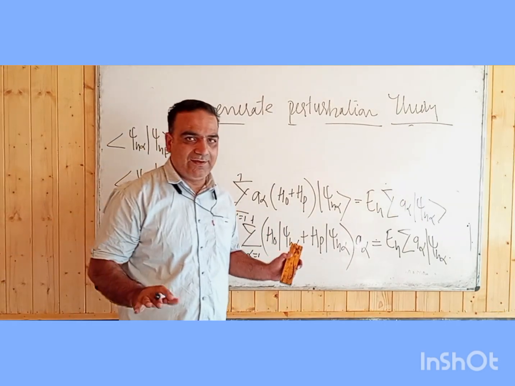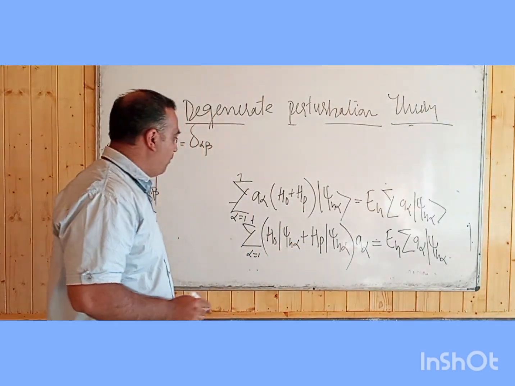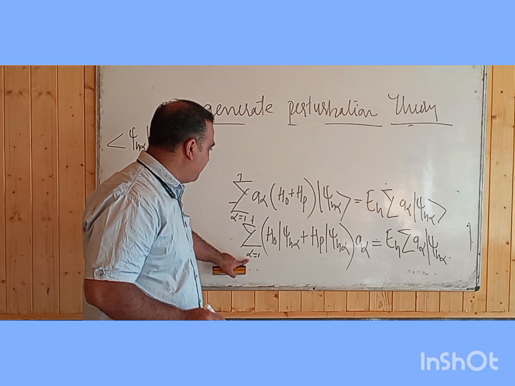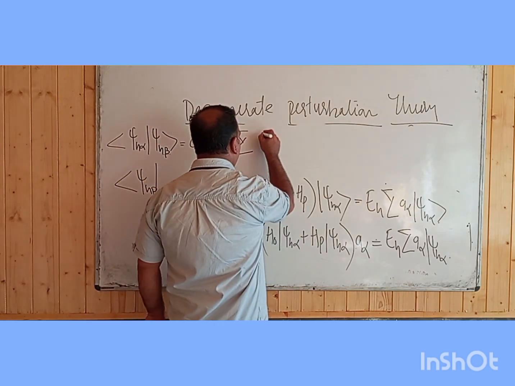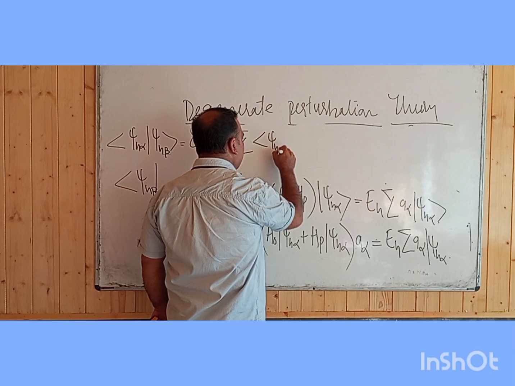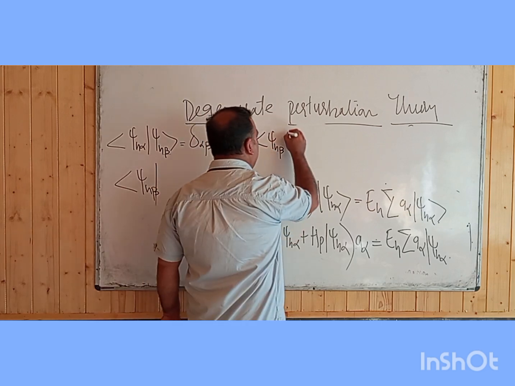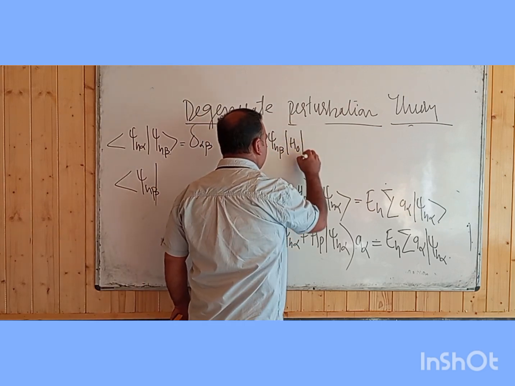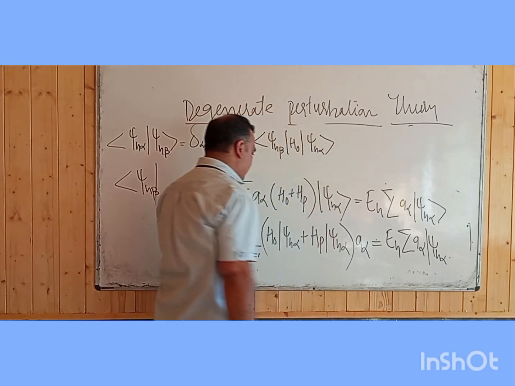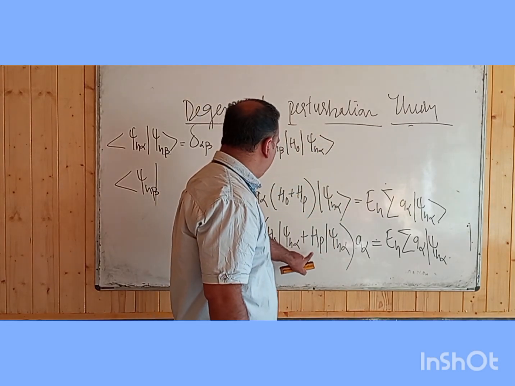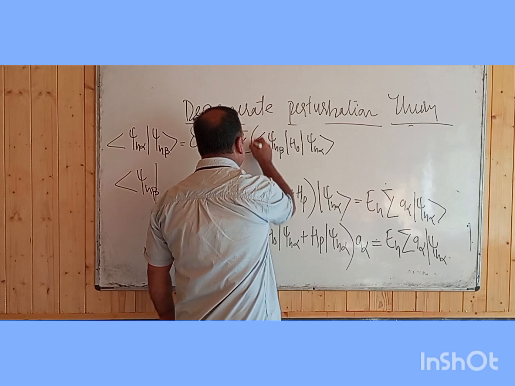This is all mathematical, so let's see the structure. On the left hand side we will have the sum of A alpha times the bra psi n beta, H naught, ket psi n alpha, plus the bra psi n beta, HP, ket psi n alpha, in a big bracket.